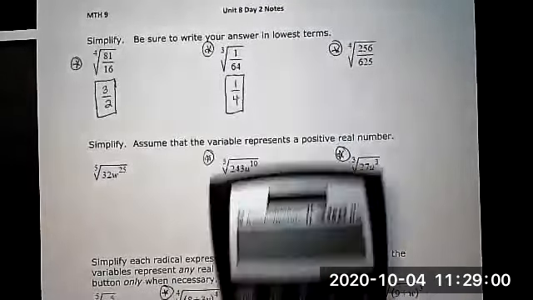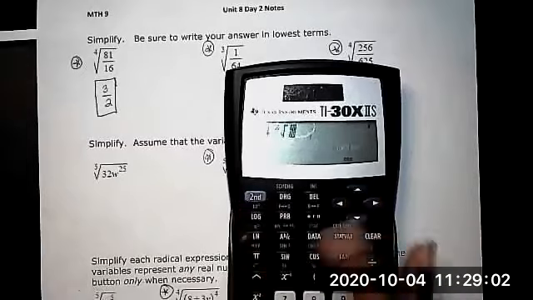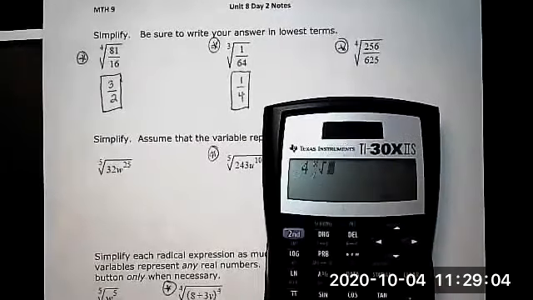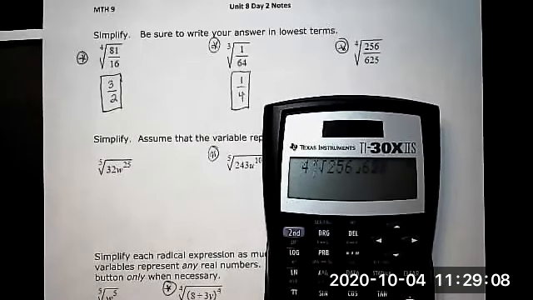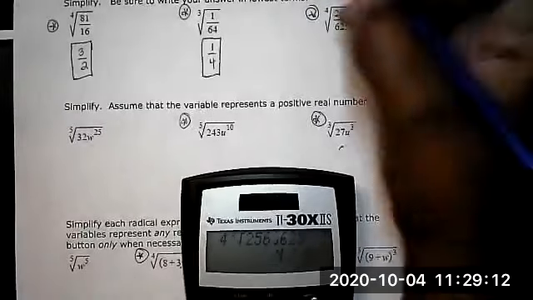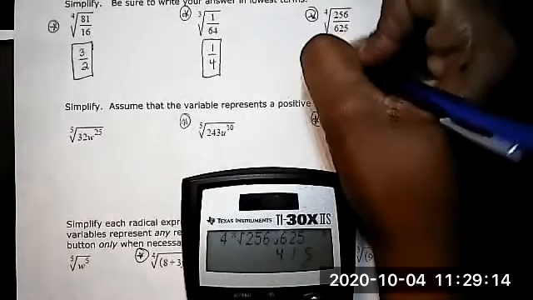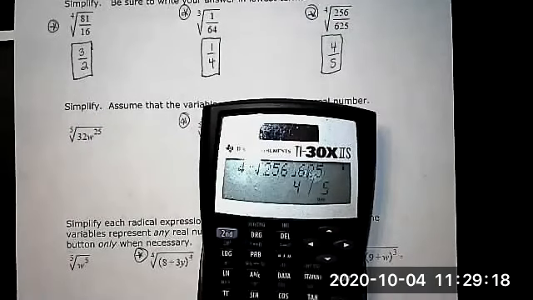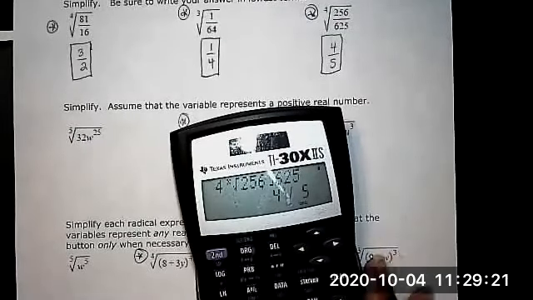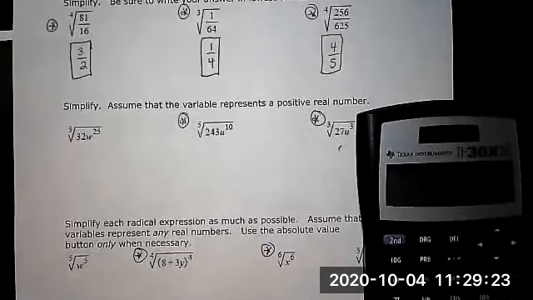The last one, 4 x root of 256, again that backwards L, and then 625. Enter, 4/5. So 4/5 there. So if you're given these and you have this awesome calculator, you can definitely use it to answer those questions pretty quickly.